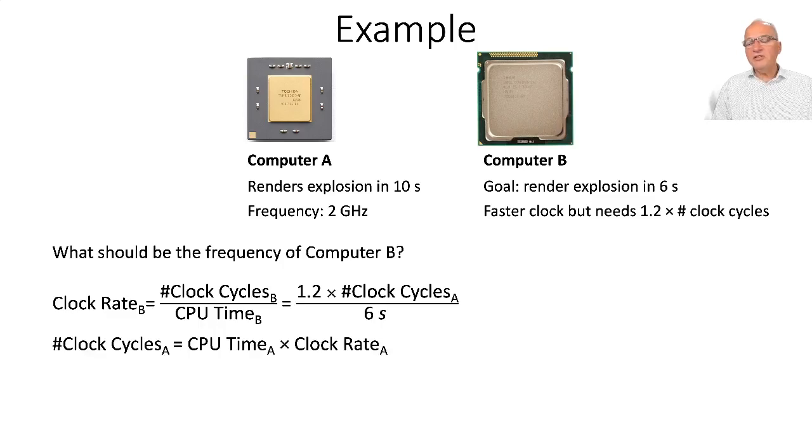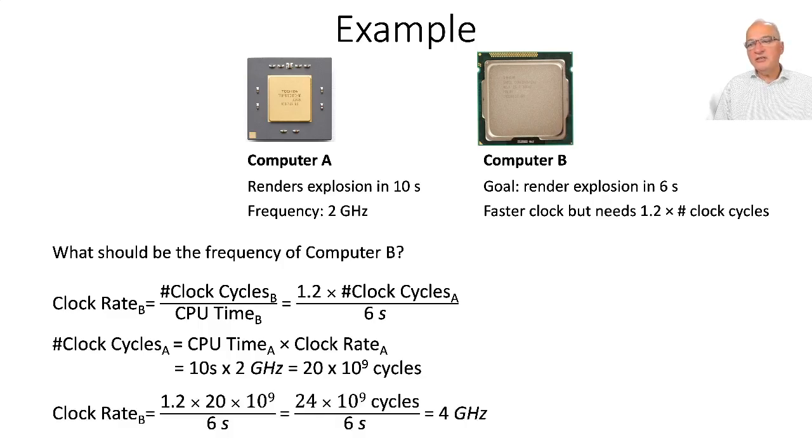Well, the number of clock cycles of computer A is the CPU time of computer A times the clock rate of computer A. I know that the CPU time of A was 10 seconds and the clock rate of A was 2 gigahertz, which is 2 times 10 to the 9 hertz. Therefore, the number of clock cycles of computer A is 20 times 10 to the 9 cycles.